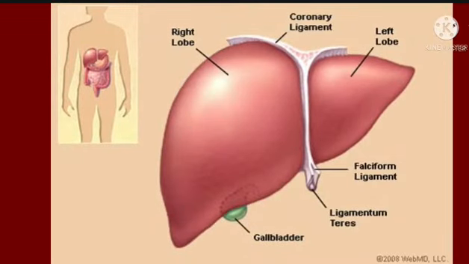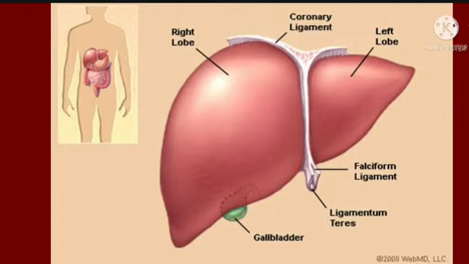Next gland is the liver. The liver is the largest gland in our body, and it is situated in the upper right side of the abdominal cavity, just below the diaphragm. The liver consists of two major lobes, left and right, and two minor lobes.